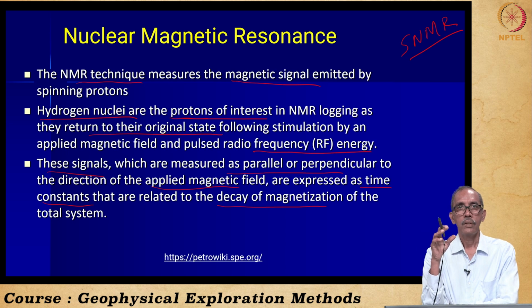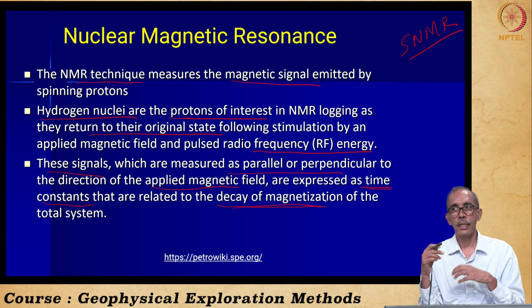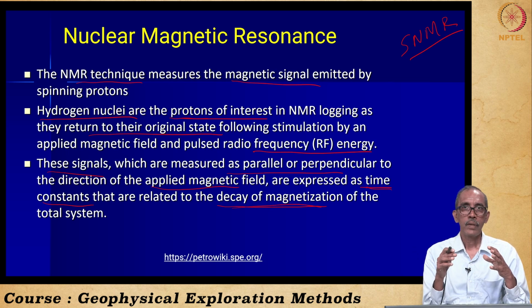As the protons in hydrogen nuclei are excited and align themselves in a particular direction, after the signals are stopped they return back to their original state, and the way in which they are returning back is measured in terms of time constants. So time constants are related to the decay of magnetization with reference to the direction, especially the perpendicular or parallel direction.